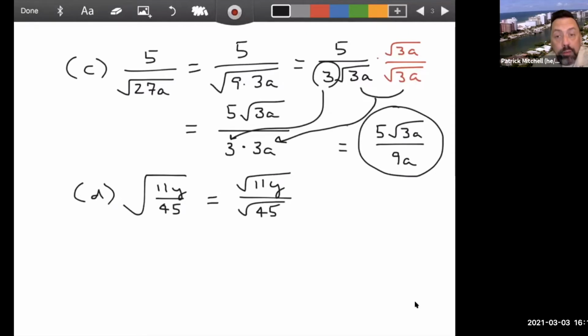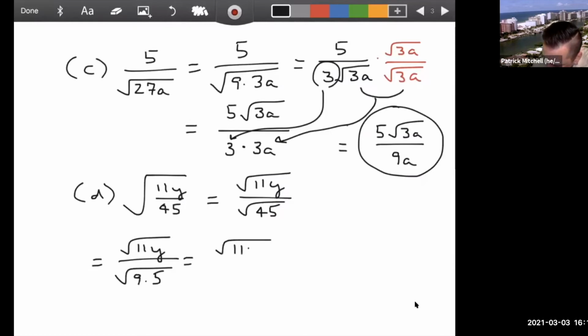And now square root of 45 is not in simplest form because it has a perfect square factor 9. So let's do square root of 11y over the square root of 9 times 5. And just like in the last problem, the square root of 9 is 3. So this is going to become 3 square root of 5.